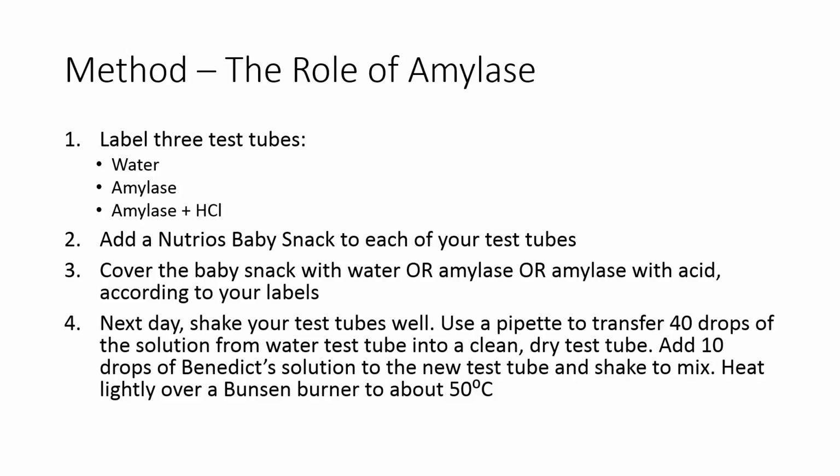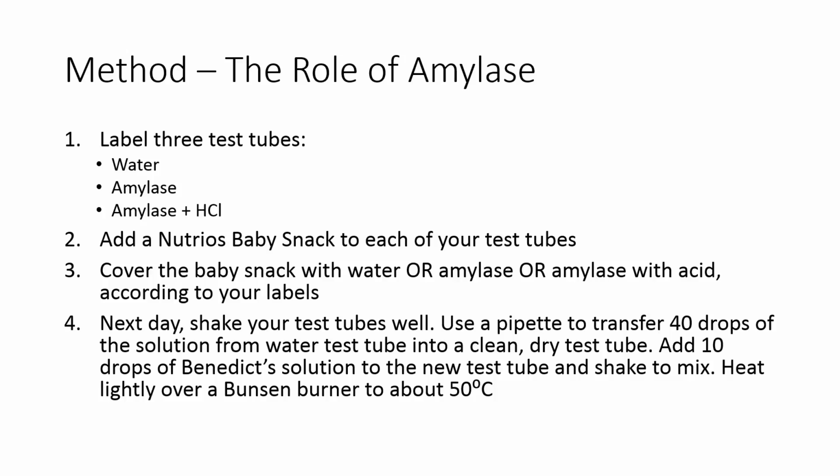Put them in a test tube rack and leave them overnight. The next day, shake your test tubes very well. Use a plastic pipette to transfer about 40 drops of the solution from your first test tube, that means your water test tube, into a new, clean, dry test tube.